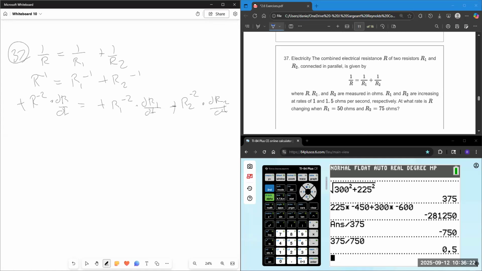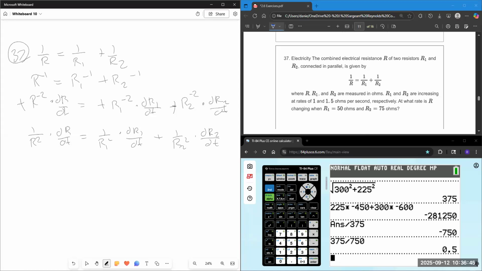So 1 over r squared times dr/dt is equal to 1 over r1 squared times dr1/dt plus 1 over r2 squared times dr2/dt for my rate of change.